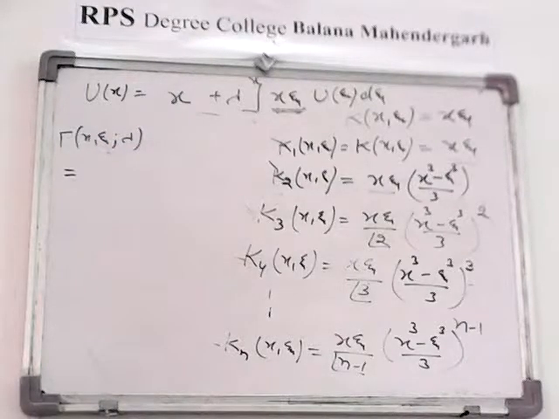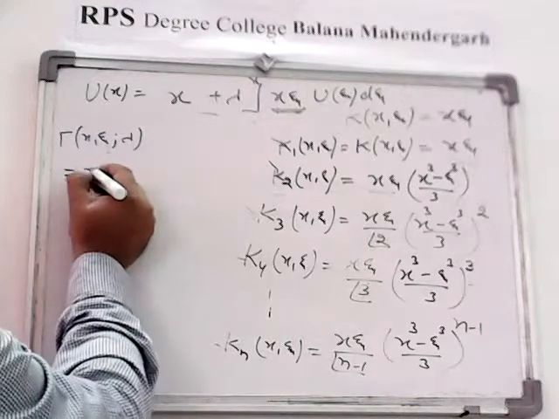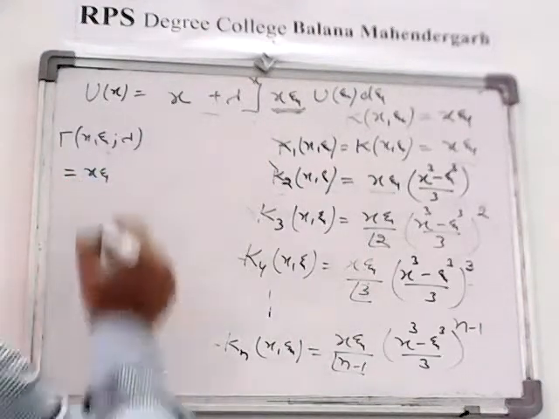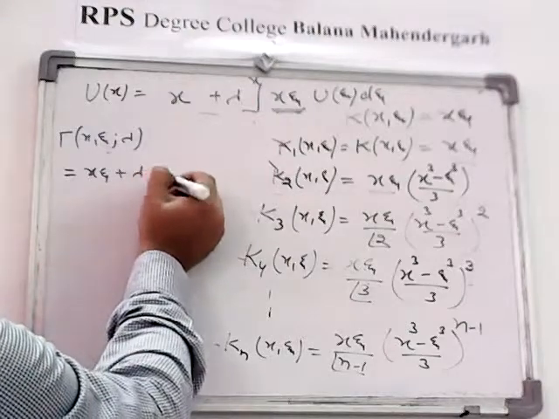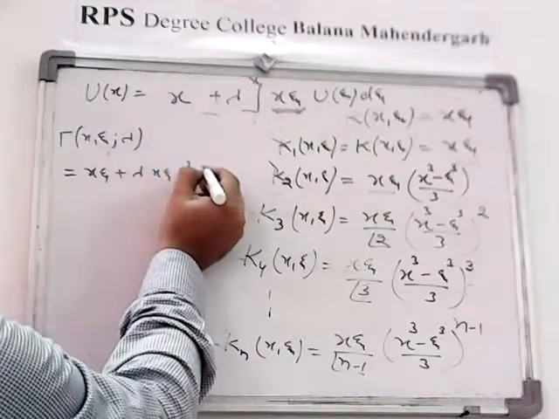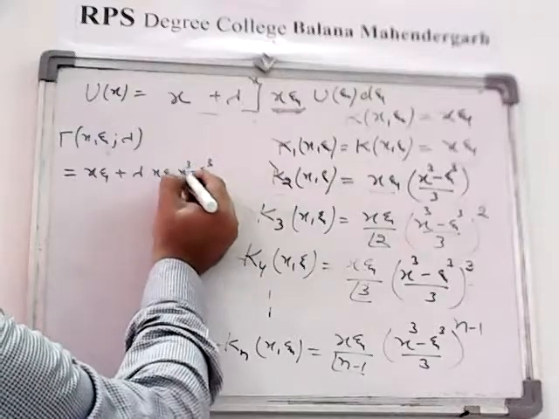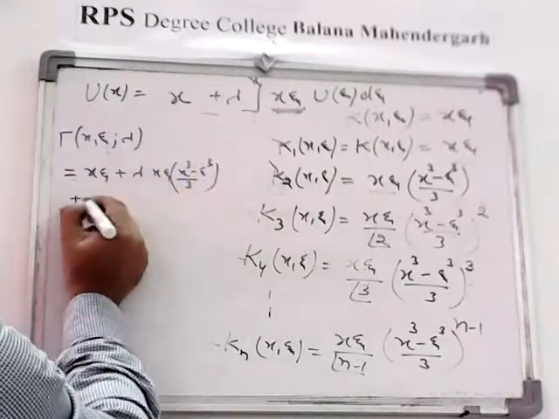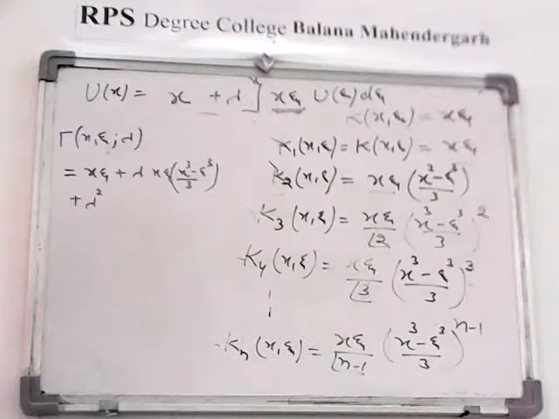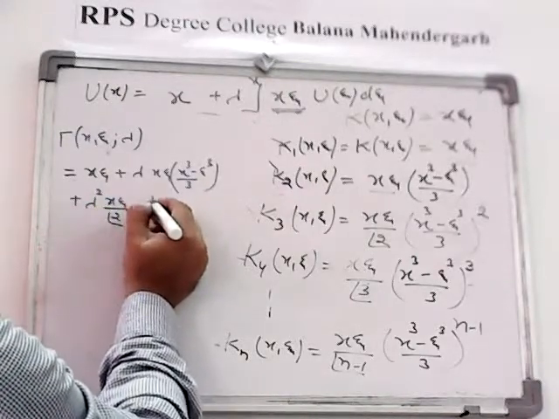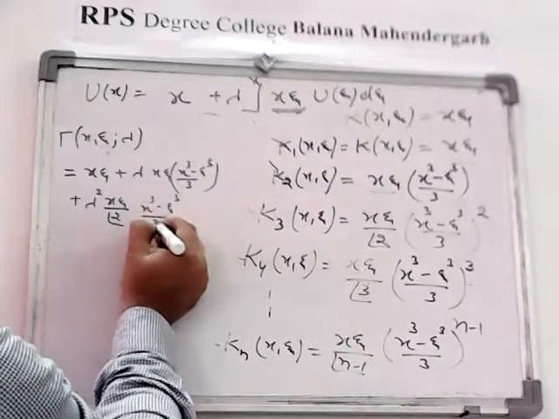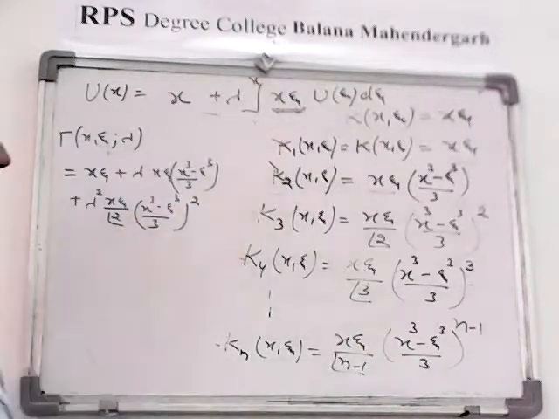In the Newman series, we have k1(x, xi), so the value of k1 is xi. Then we will have lambda k2, and k2 is x xi (x cube minus xi cube) by 3. Then lambda square k3, whose value is x xi by 2 factorial times (x cube minus xi cube) by 3 whole square.